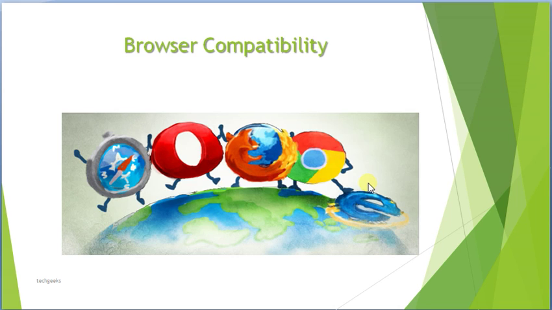So we have to see browser compatibility. It has to work on all the browsers. For example, if your users use Opera, it has to support Opera, and if your customers are using Firefox, it has to support Firefox.